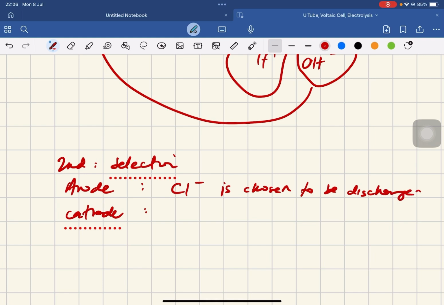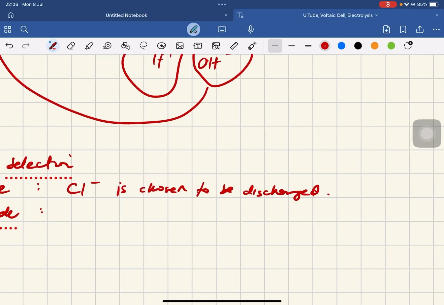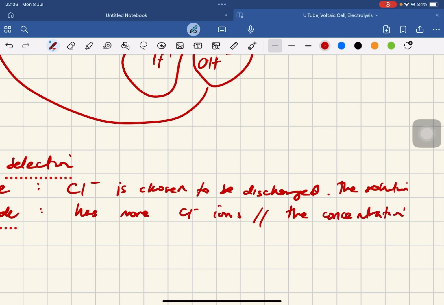Discharge. Alright, why? Because the solution has more Cl- ion, or you can say the concentration of Cl- ion is higher, lagi banyak.